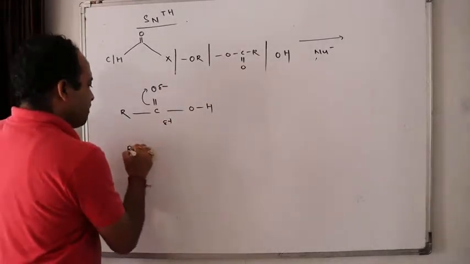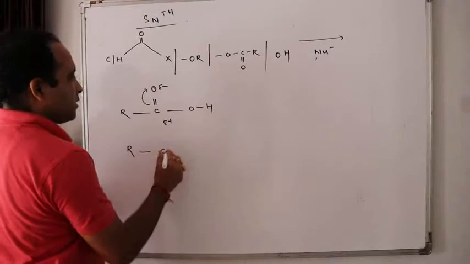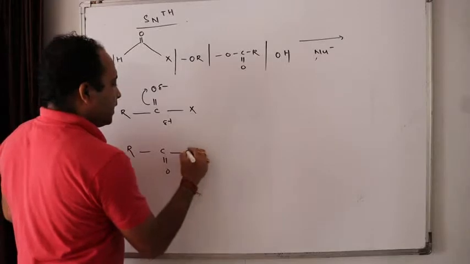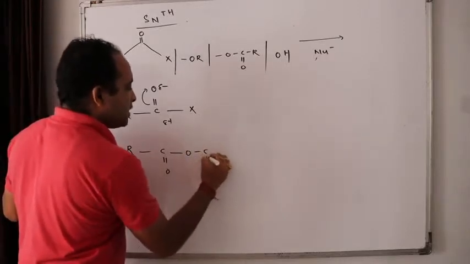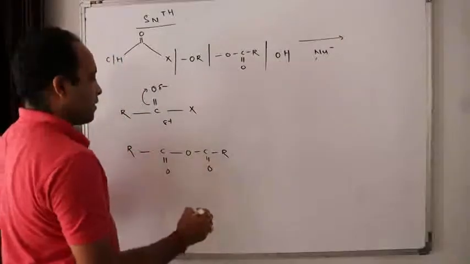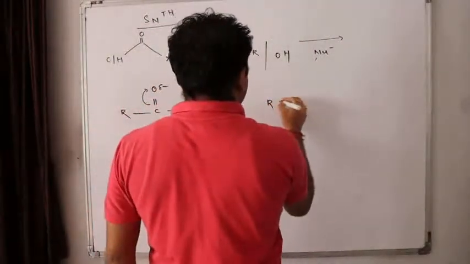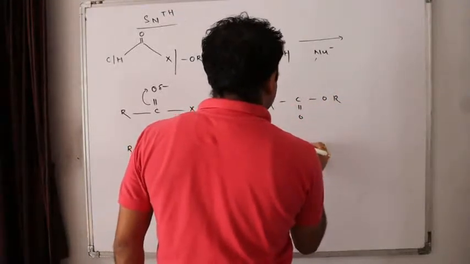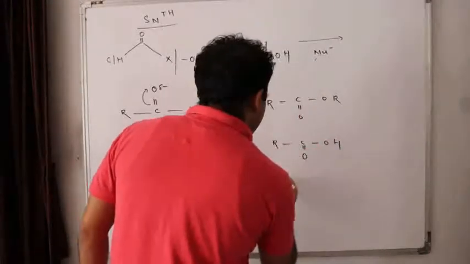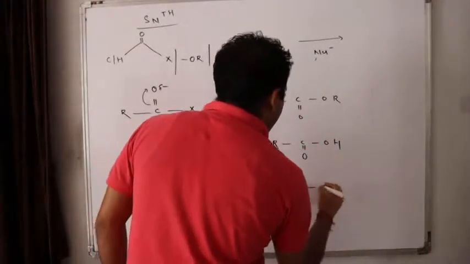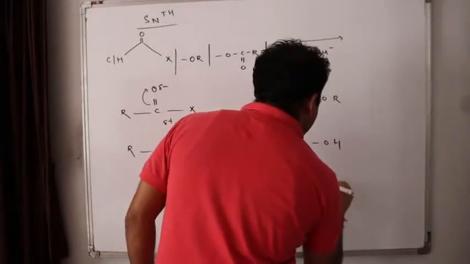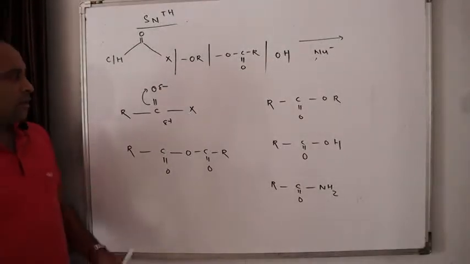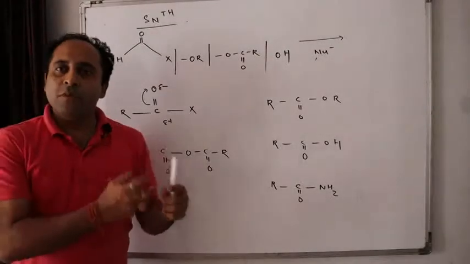Now, you just compare and tell me in which of the cases, let me take this as X, C double bond O, and here after X if I take O, C double bond O, R, C O O R, R C O O H, R C O N H.